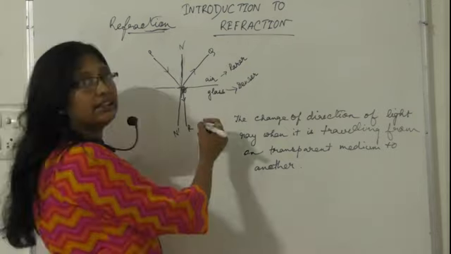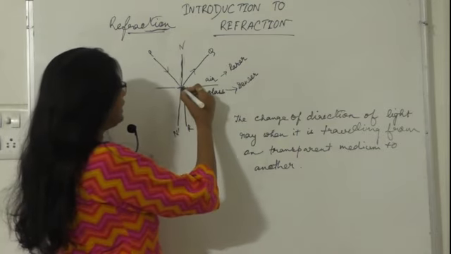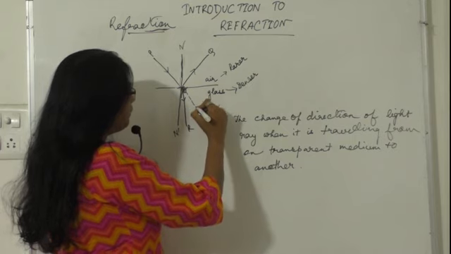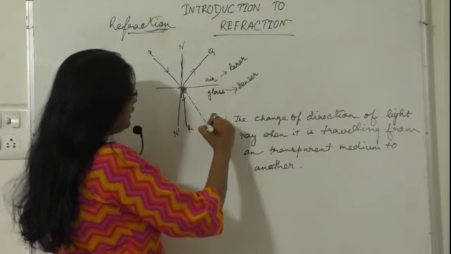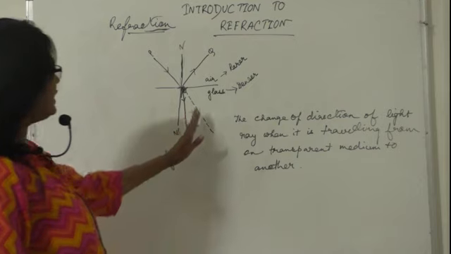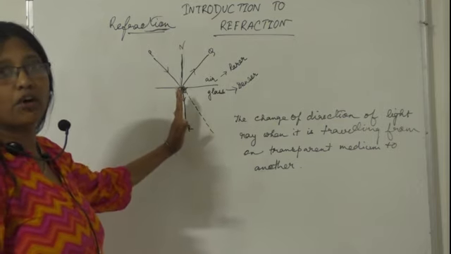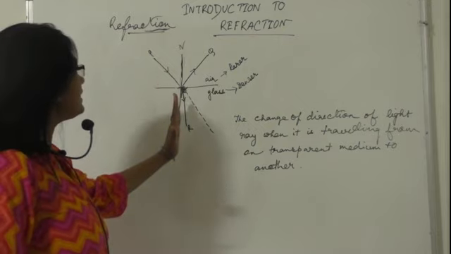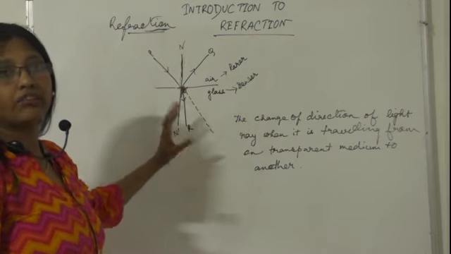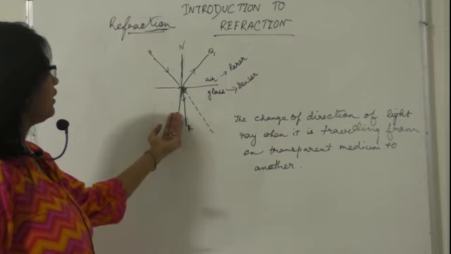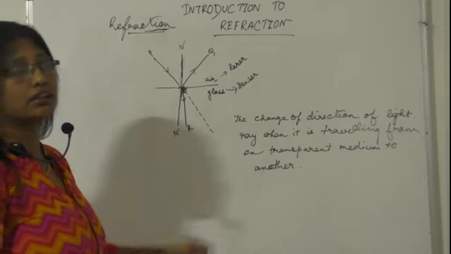Refraction. Now you can see in this diagram, actually the path of light ray would be like this, but it has changed its direction. It is bending towards the normal. This change of direction of its path, that is known as refraction.